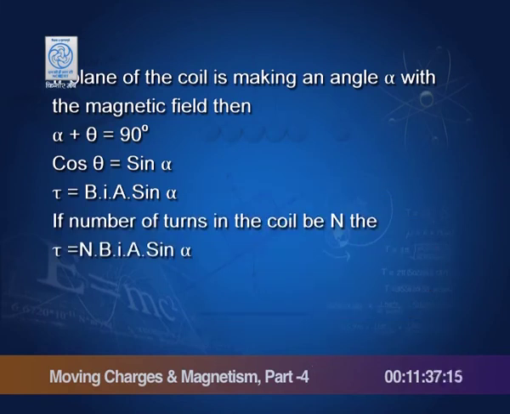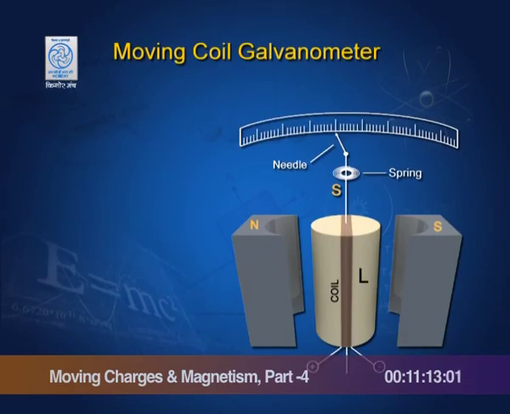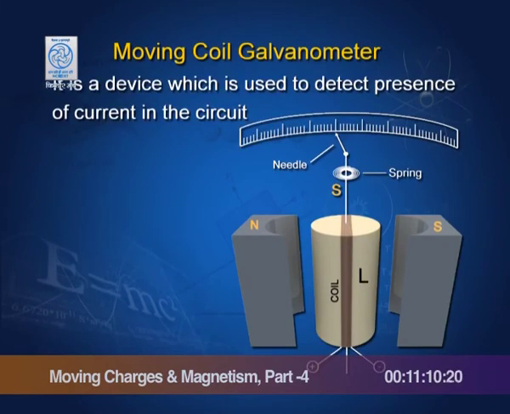If number of turns in the coil be n, then the total torque tau will be equal to nBIA sin alpha. In the vector form, we can write it as tau equals m cross B. Here m represents the magnetic moment of the loop, and the SI unit of this magnetic moment is ampere meter square. Moving coil galvanometer. It is a device which is used to detect the presence of current in the circuit.